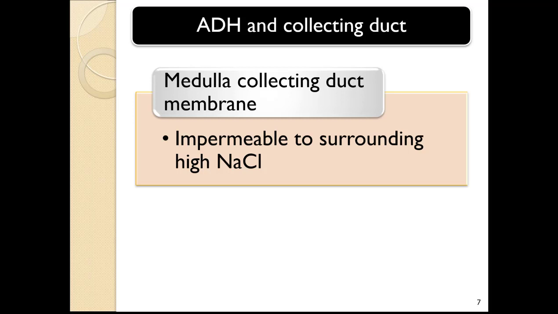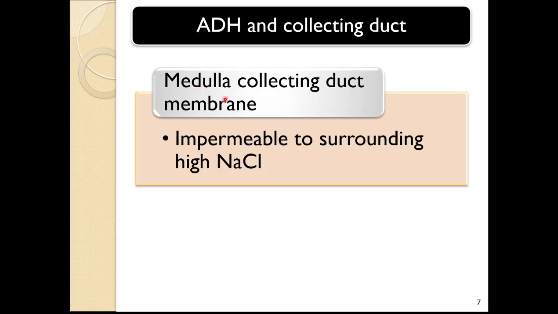This hormone is secreted by the pituitary gland, and it acts to increase water reabsorption. Where it acts is on the collecting tubules or collecting ducts of the kidney. Here in this slide I have it saying the medulla collecting duct membrane is where this acts.